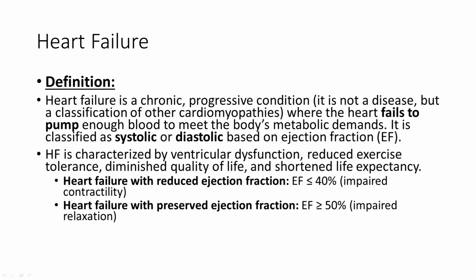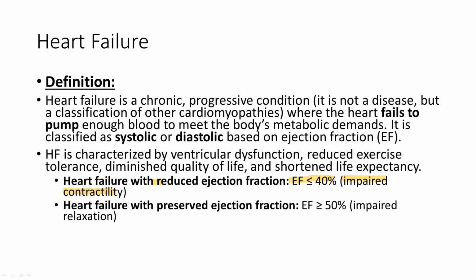There's a couple types that they talk about, and you may see these in your notes or their histories. If you see HF and then a small r, it's talking about a reduced ejection fraction, the more severe type, where the EF is typically less than 40. You have significant impaired contractility.